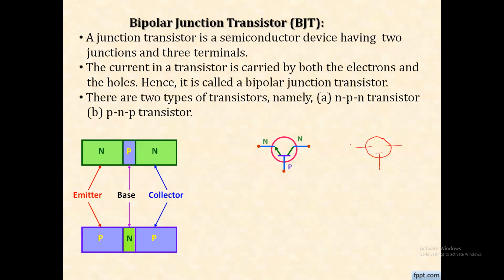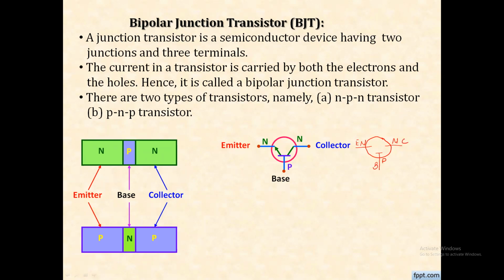So I want to draw the symbol for the NPN type of transistor. As you know, N is the first terminal, P is the middle terminal, and the last N is again the outer terminal. So this acts as an emitter, the middle portion acts as a base, and the second outer portion acts as a collector.